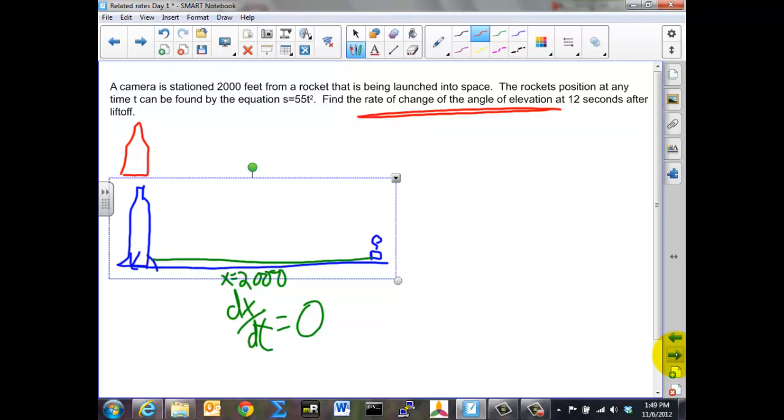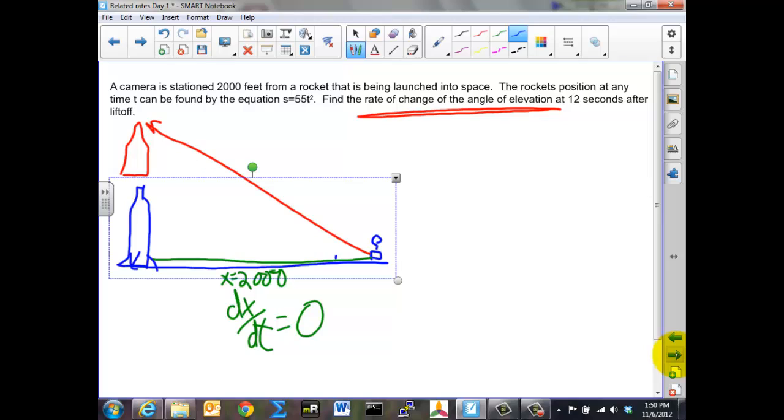If I'm sitting here, when that rocket's up there, I've got to tilt it up in order to see that rocket, don't I? So where's the angle of elevation measured at? Is it this angle? Which angle is it? Between which two lines? The red line and the green.